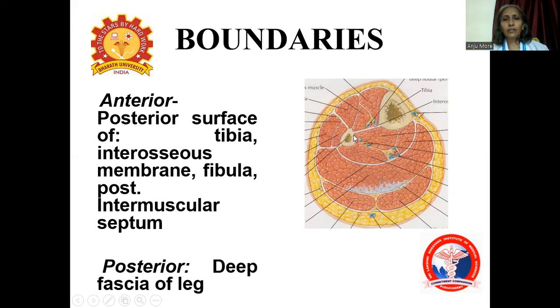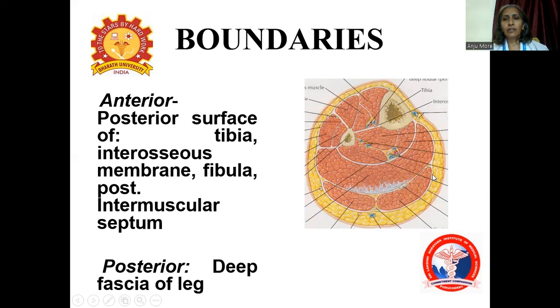Then the posterior surface of fibula, and then the posterior intermuscular septum, which starts from the fibula and is attached to the deep fascia, which forms the sleeve-like compartment in the leg. The posterior extent of the posterior compartment of leg is formed by deep fascia of leg.